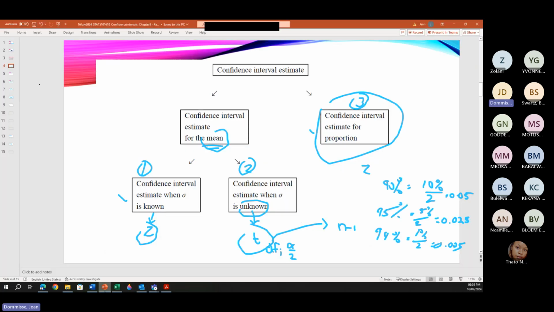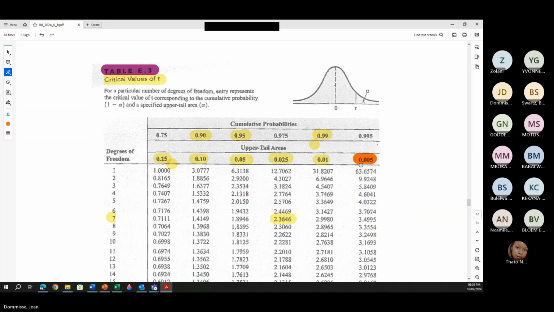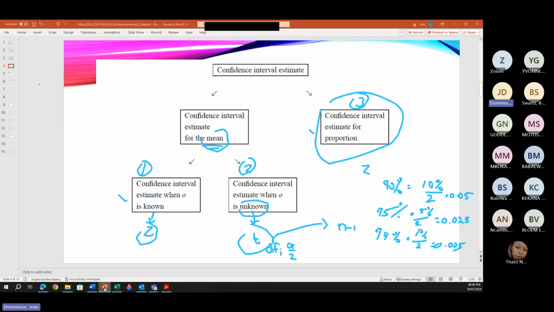Then 0.025. And then the last one was 0.005.